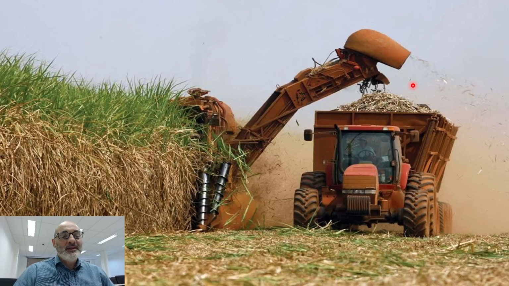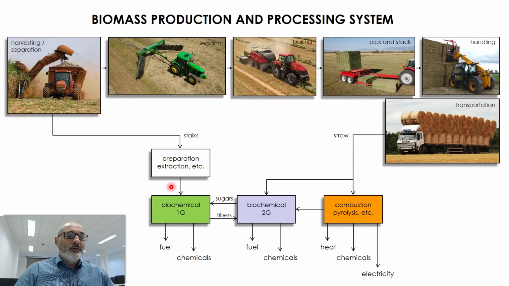You see it with your own eyes. The problem is that if we want to use these residues, they are not residue, they are feedstock actually, since you have already separated them and they are left on the soil, you have to get them back.